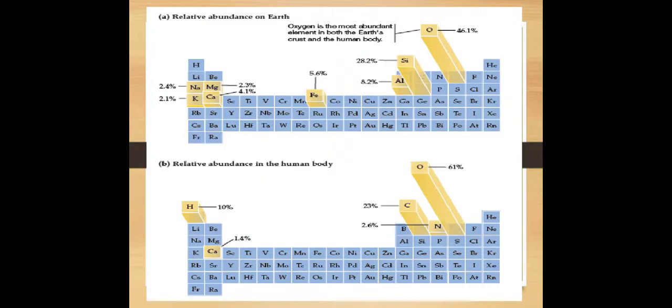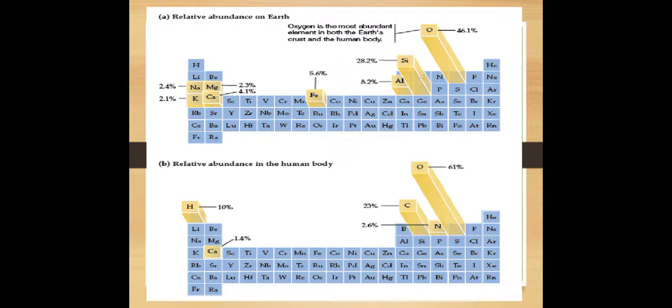Let's look at the relative abundance on Earth. Oxygen is the most abundant element in both the Earth's crust and the human body, but there is a little difference: oxygen in the Earth is 46.1%, but in the human body, it is 61%.